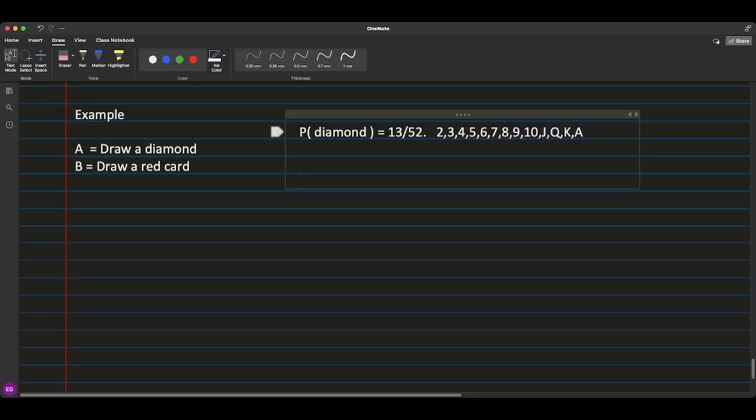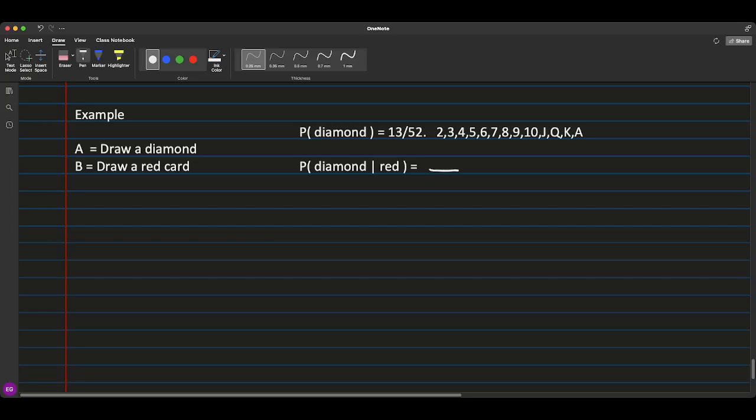Okay, so now let's calculate the probability of drawing a diamond, given that you have already drawn a red card. We could use the formula, or we could think this through. How many red cards are there? Well, there are 52 cards, and half of them are red, so you get 26 as the denominator.